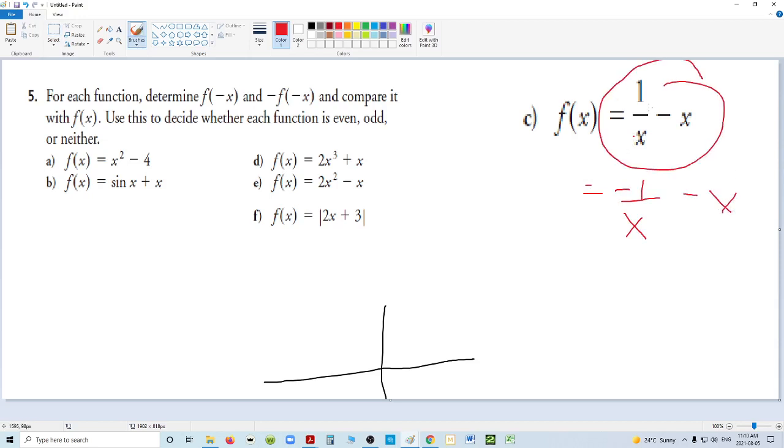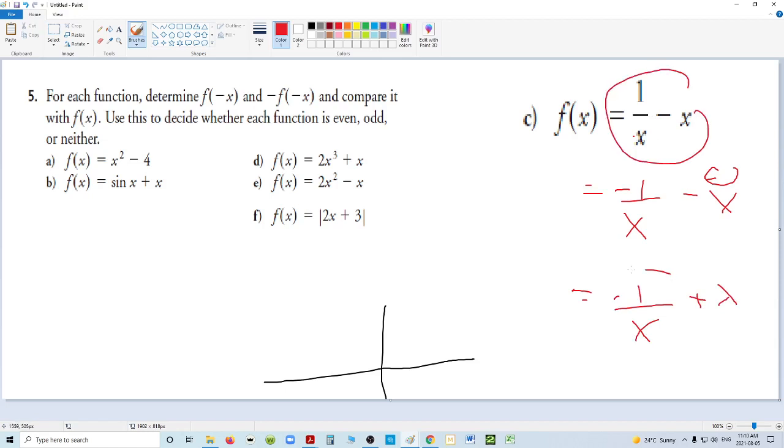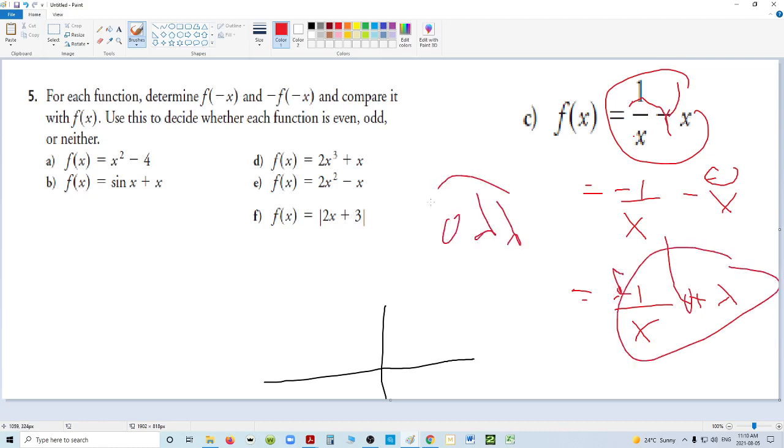So it's the same equation, except that I have a, oh, actually, yeah. So I have to put a minus with this x as well. So I get minus 1 over x plus x. And you can see it's the same equation, except all the signs in front have swapped, which is a sign that this is an odd equation.